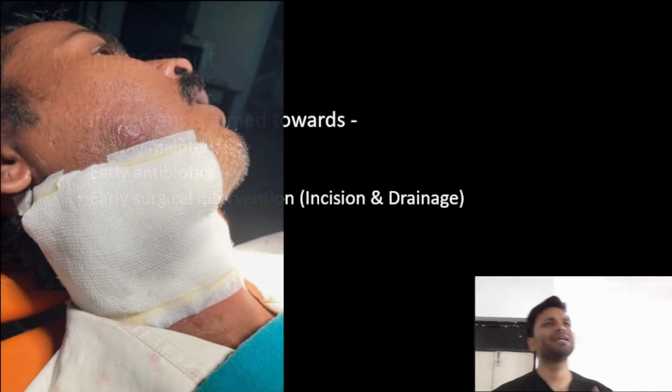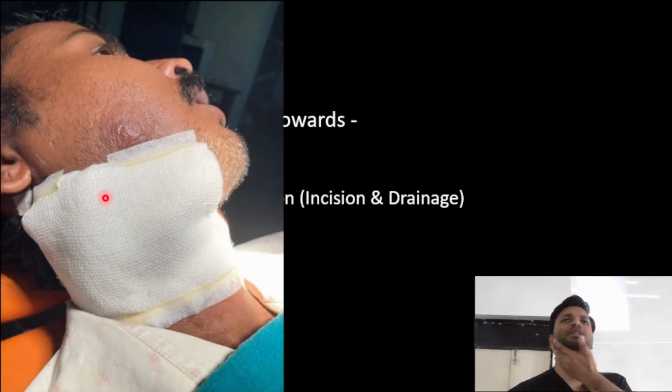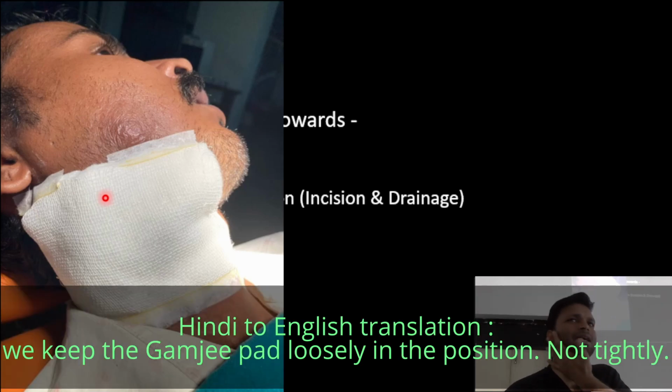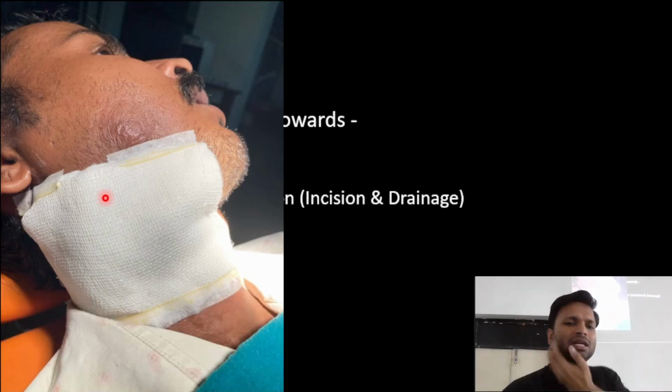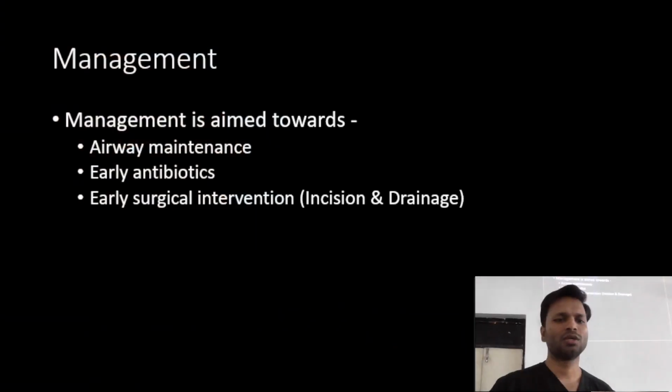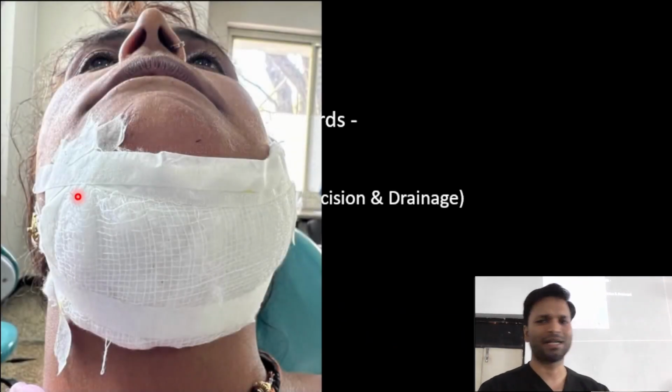So after you have placed the drain, we're going to cover it with a gumji pad. Gumji pad is nothing, just a cotton covered by a gauze, cotton gauze. We do not press the gumji pad tightly, we just keep it there in position, so that whatever pus discharge is happening gets collected in the gumji pad. So it is loosely placed over the drain.